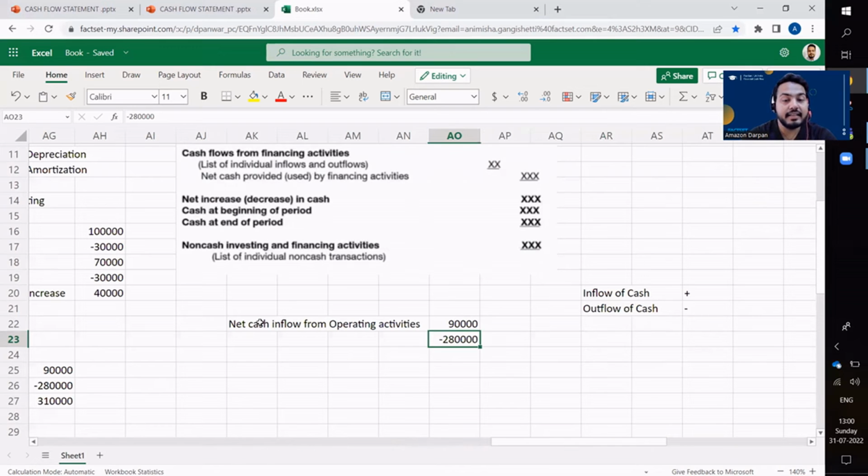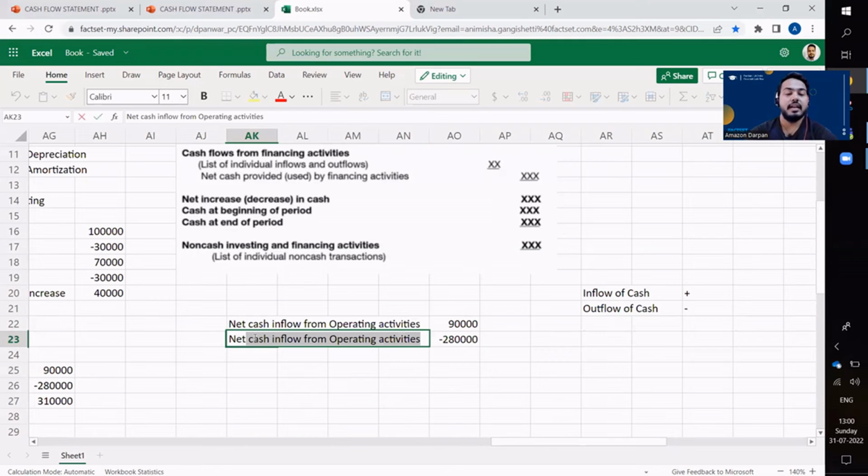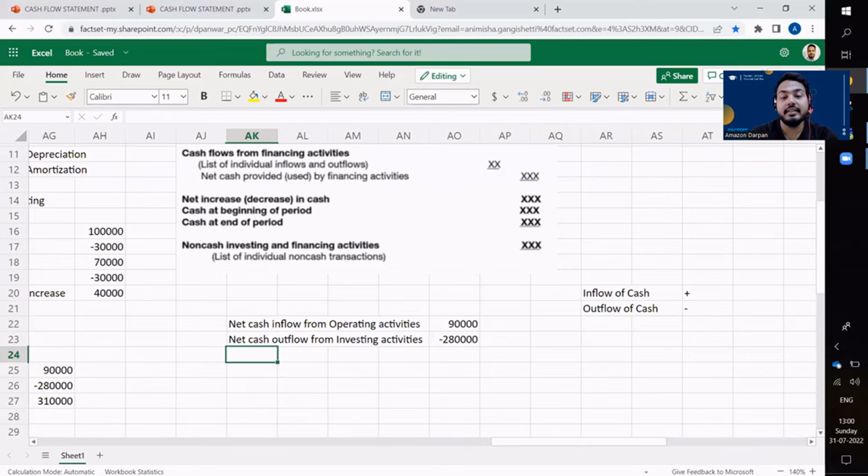That means net cash outflow, because if it was an inflow, money would have come into our pocket, but to purchase the machine, it is a net cash outflow from investing activity. To purchase the machine, we have to pay the vendor, and we only paid 2,80,000 as cash. Actually we have more machines, but we have only paid cash for this amount.